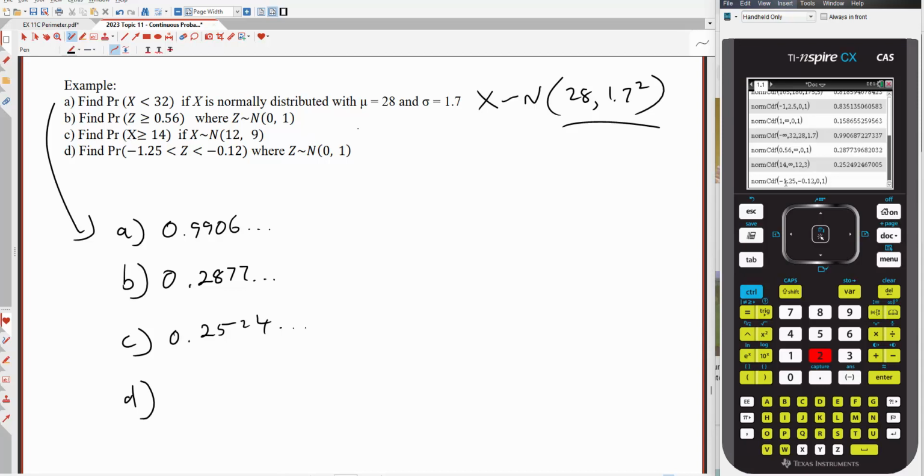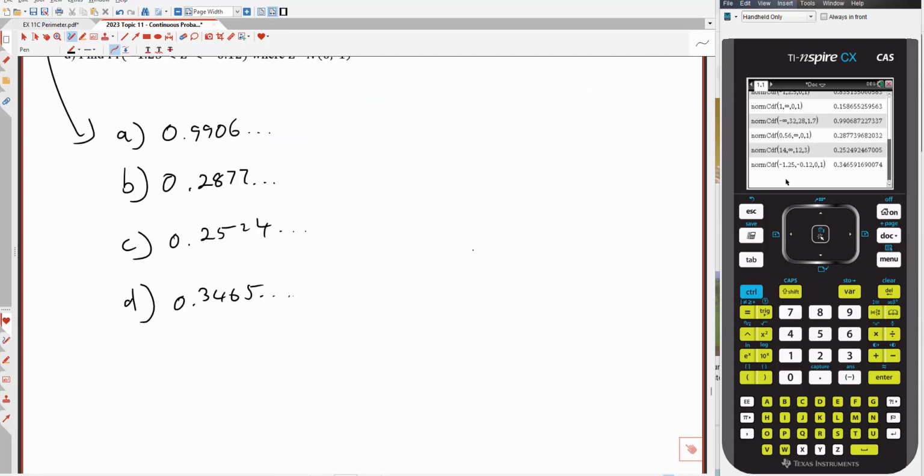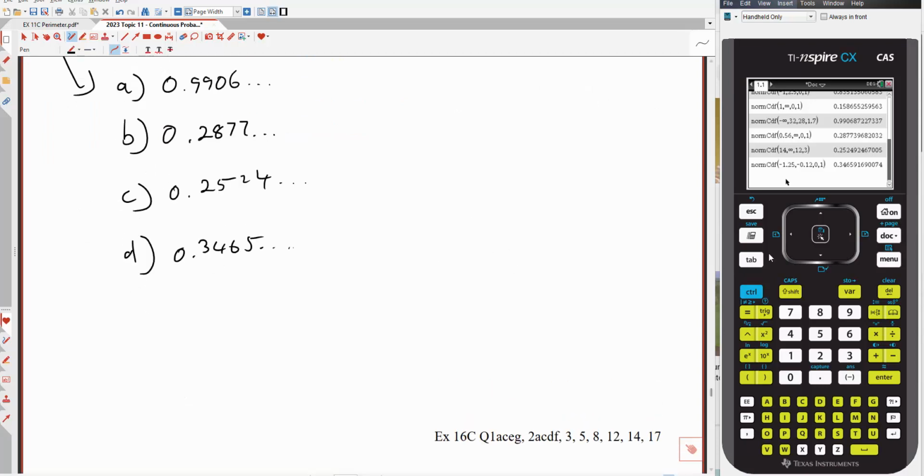All right, so this should be around about, well, I don't know, 0.32 or something. 0.3465... So this exercise is basically just playing with this CDF feature and using it to grab some probabilities from normal distributions. So good luck with that.